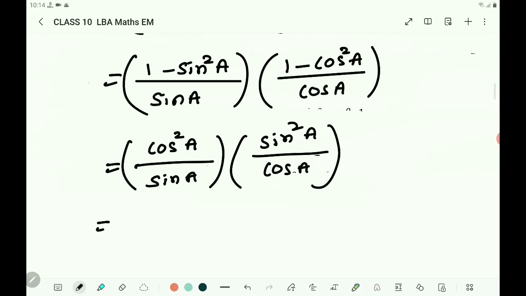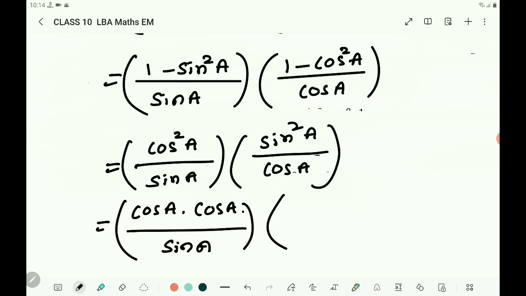Here you can have cos square A is cos A into cos A by sin A. Sin square A is sin A into sin A by cos A.